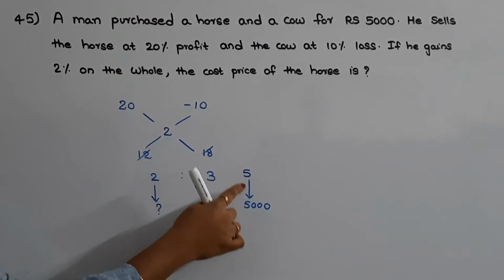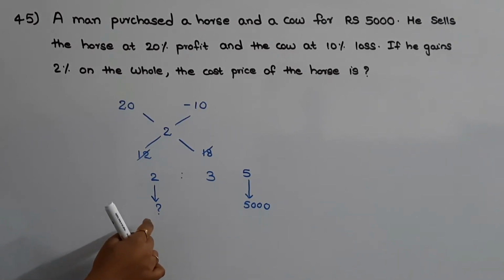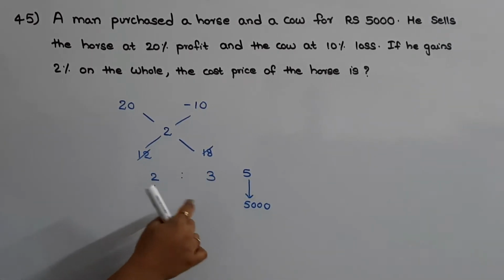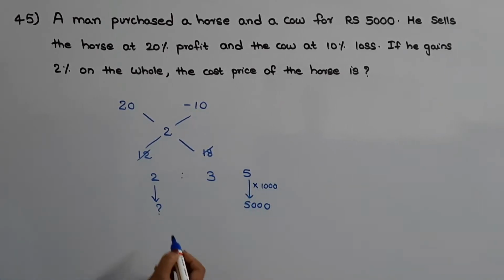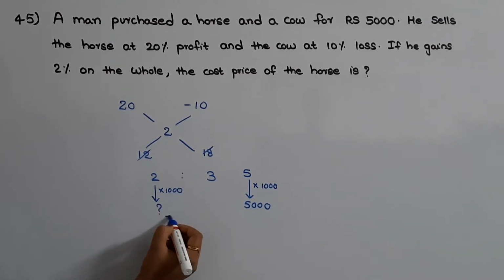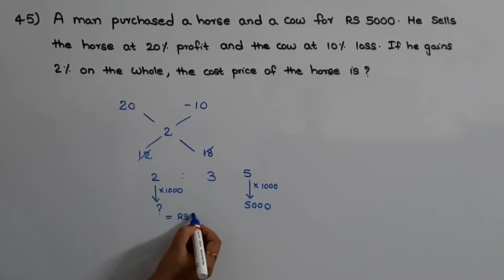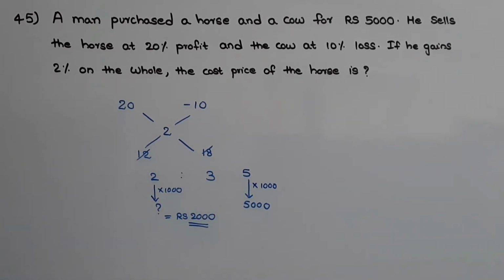If 5 can be written as 5000, how can we write this 2? We can find this by cross multiplying, or see, 5 into 1000 is 5000. So here also if you multiply this 2 by 1000, you will get the answer. So this will be equal to rupees 2000. So this is the cost of the horse.